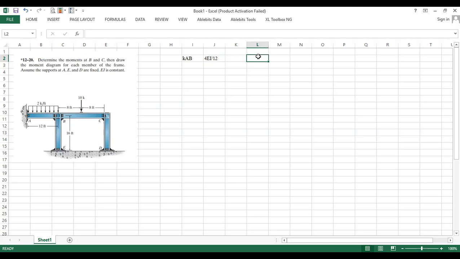Then each stiffness of KEB is equal to KEB, then BC, KCD is equal to 4EI over 60, right? So this is stiffness, right?